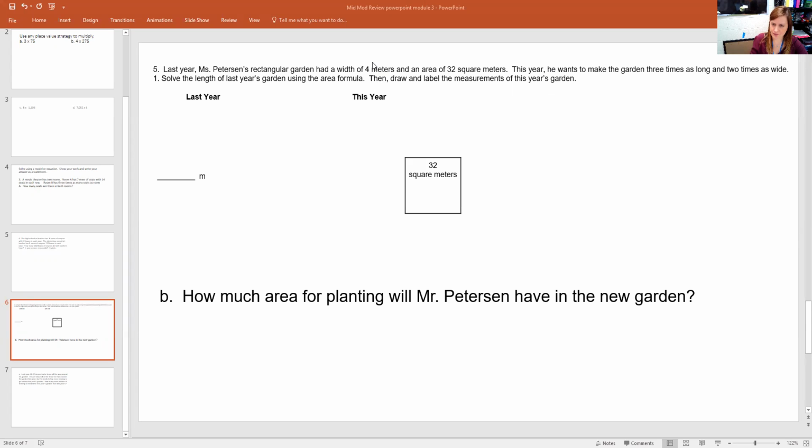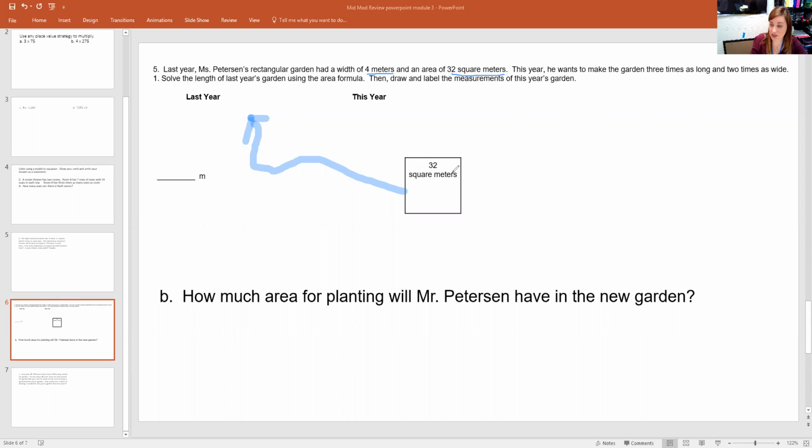So let's see here. Okay, so we're going to put this over here to last year because it says Ms. Peterson's rectangular garden had a width of 4 meters and an area of 32 square meters.